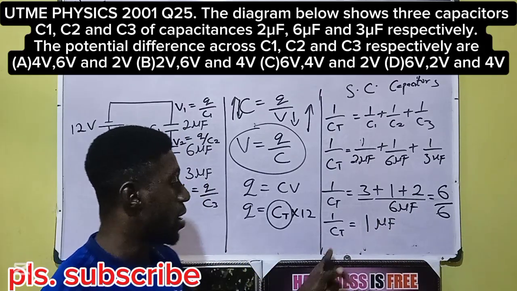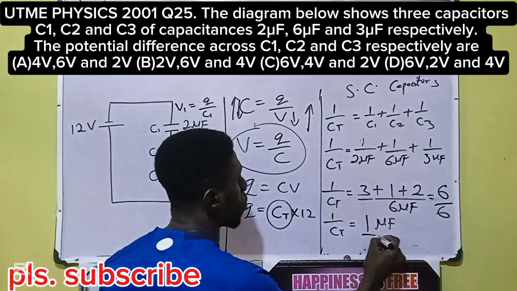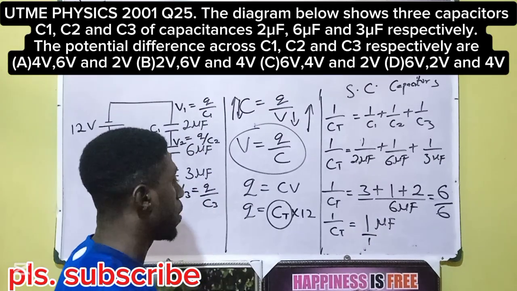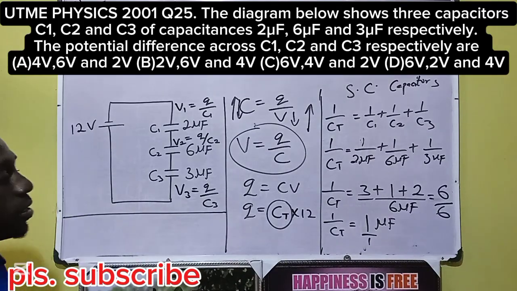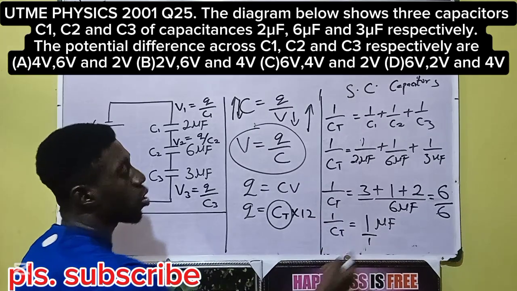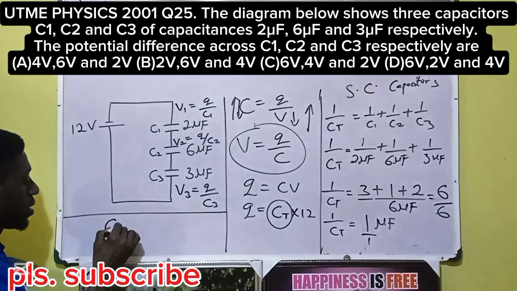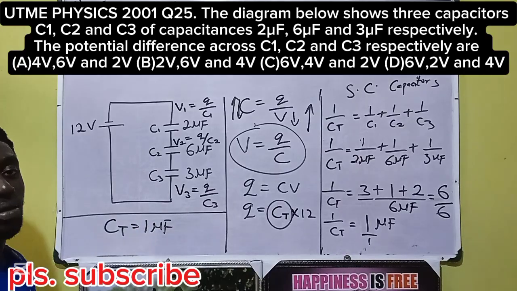microfarad. However, recall, we're looking for CT and not 1 over CT. This one is just like 1 over 1. Okay, let's continue from here. Then we'll reciprocate. CT goes up, 1 comes down, 1 goes up, 1 comes down, it's still the same. So our CT is equal to 1 microfarad.